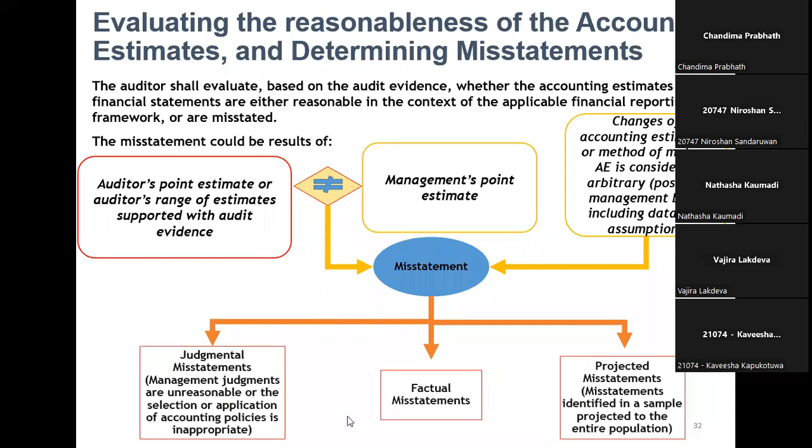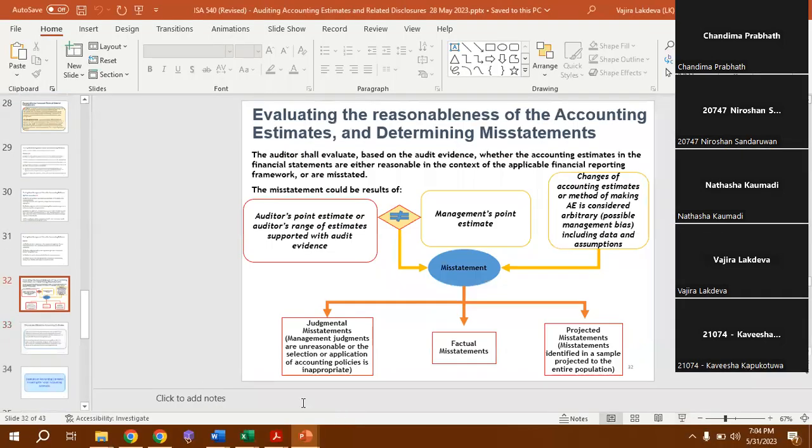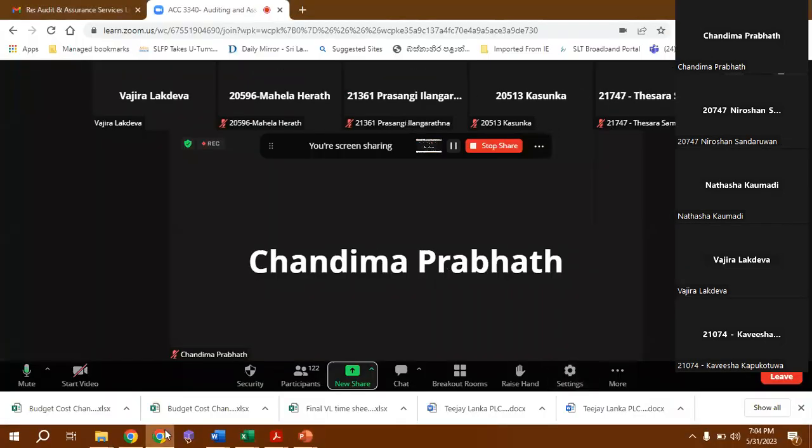Are you all doing ISA 450, which is evaluating misstatements? Can somebody confirm? ISA 450 means evaluation of misstatements identified during the audit.